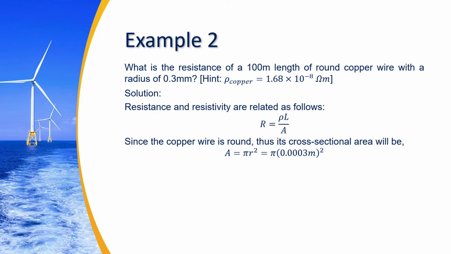So since ang radius na given natin is 0.3 millimeters, pwede natin siyang sabihin na 0.3 times 10⁻³ meters. Okay? Or pwede natin siyang sabihin pa as in this term. So, by getting the square ng radius, makakuha tayo ng area ng 2.83 times 10⁻⁷ square meter.